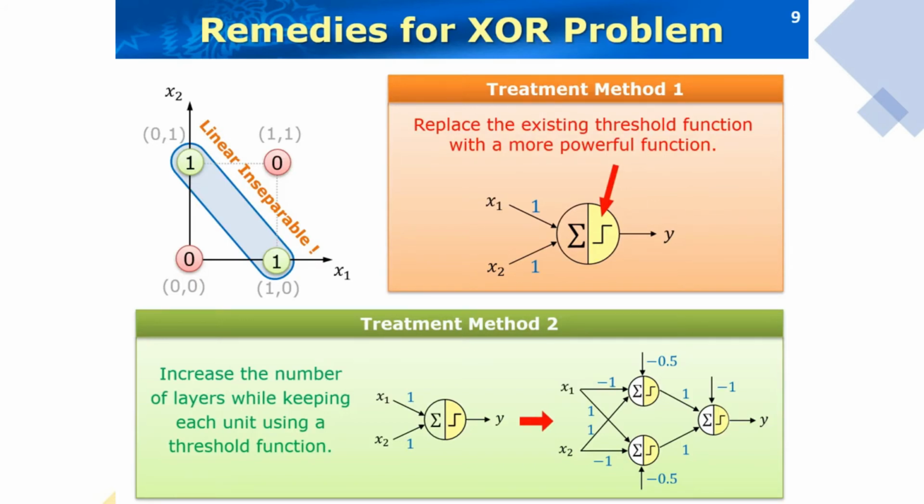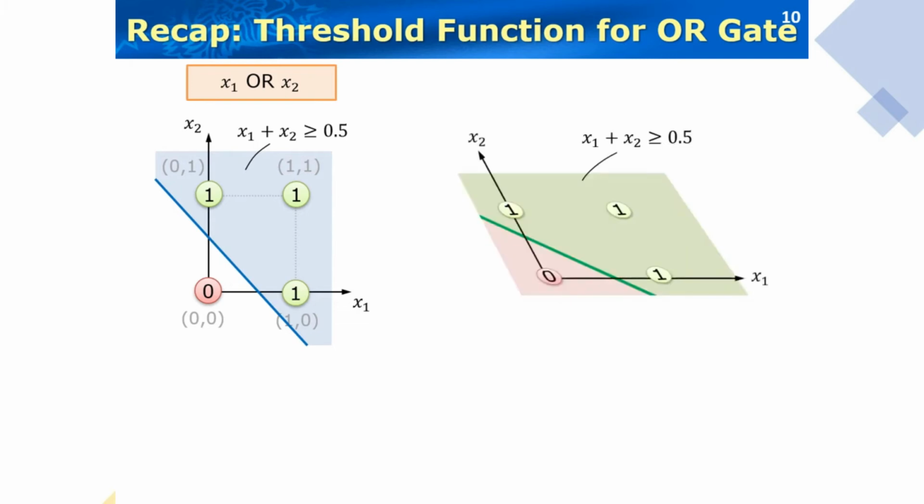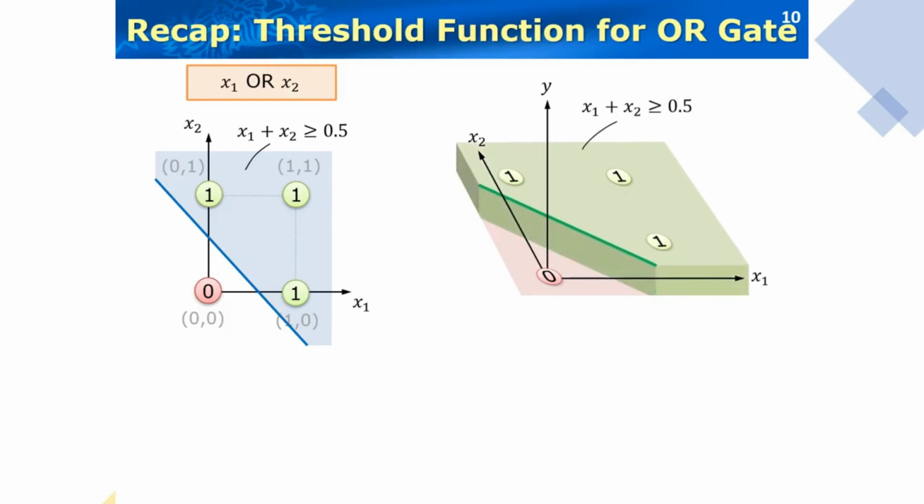Before replacing the threshold function, let's first study why it works well for the OR gate. These are the 4 data points and the decision boundary for the OR gate in 2 dimensions. In 3 dimensions, we can see that the 3 green points labeled as 1 are mapped onto the upper plane y equal to 1.